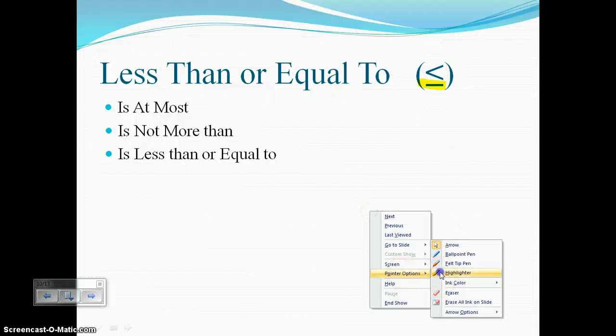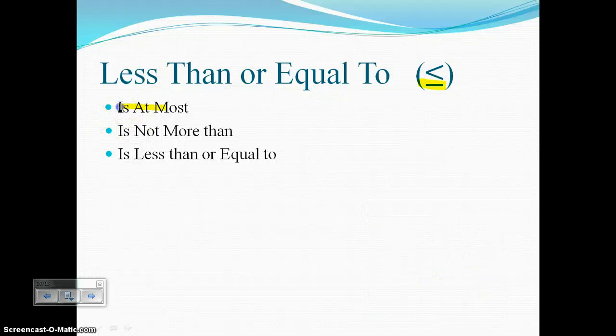Do not get confused with "is at most." Most students think that should be greater than. But if I tell you the most money you have at the grocery store is $50, you cannot spend more than $50. You have to spend $50 or less. So "is at most" is going to be less than or equal to.